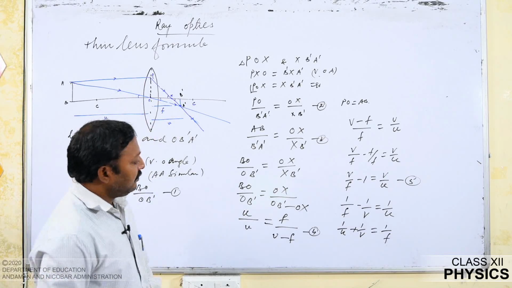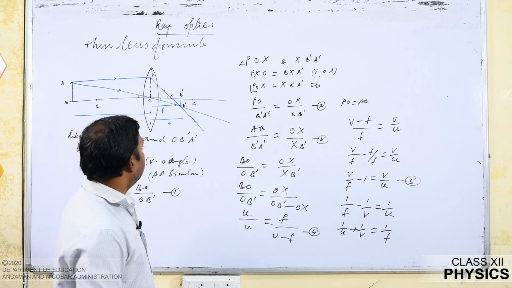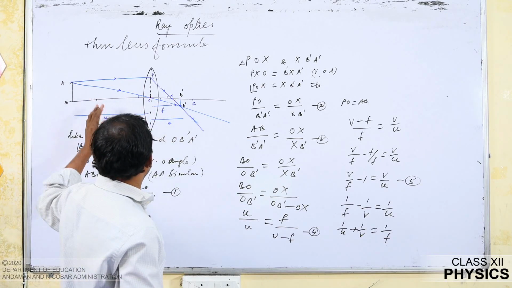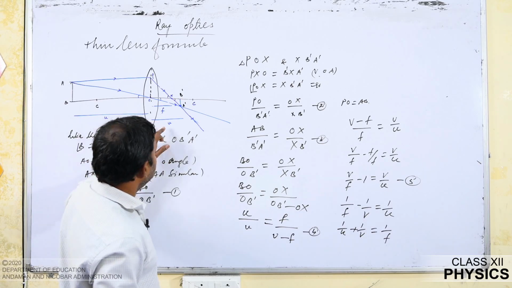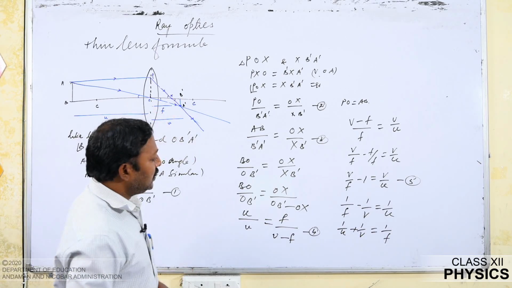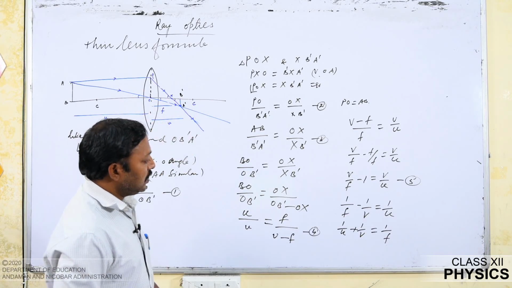Here for sign convention we have to take the concept of the Cartesian coordinate system. Towards the left side U is located, that is why U is to be taken as negative, V is lying on the right side of the origin, that is why it should be taken as positive, and F is also positive because it lies towards the positive direction.